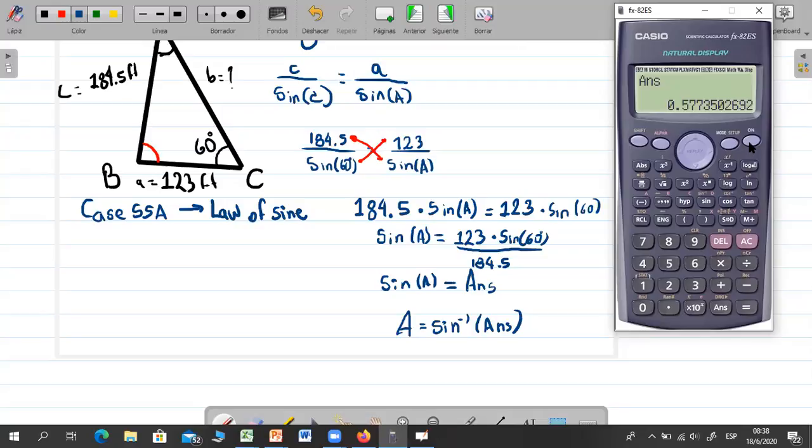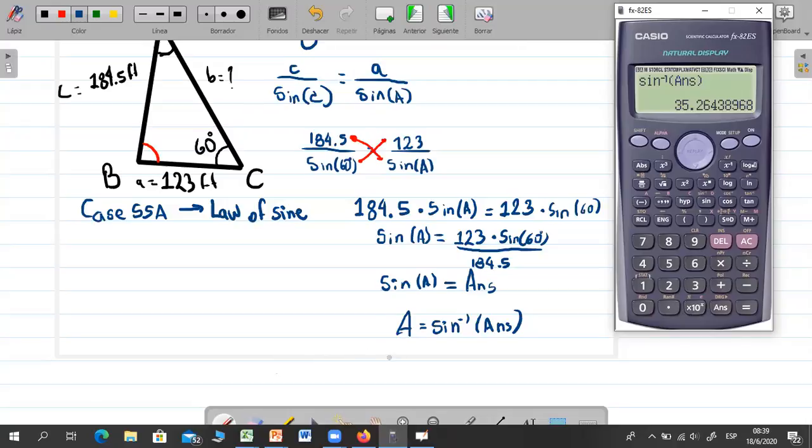With that information, now I have to get the sine inverse of this, which gives you 35.26. 95 or 35? 35. 35.26, like this, right? So you're right, that's the answer. I mean, 26.43, best rounding is just 26.